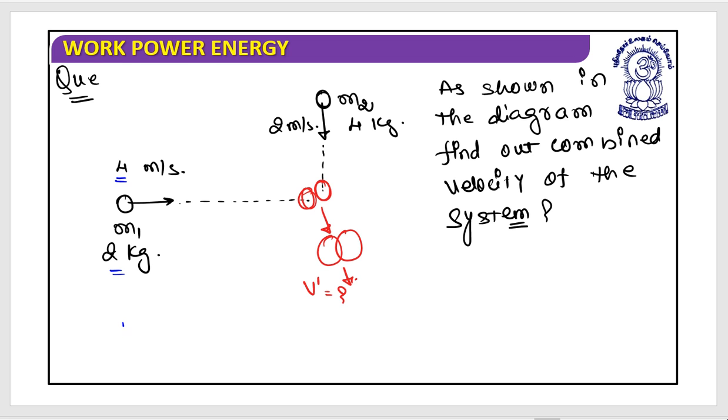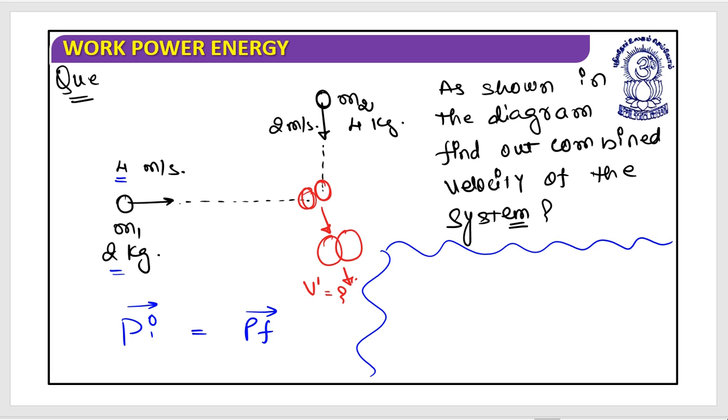So my initial momentum of the system should be equal to the final momentum of the system. While writing initial momentum equals final momentum, it's 4 into 2 i cap minus 4 into 2 j cap should be equal to the total mass.